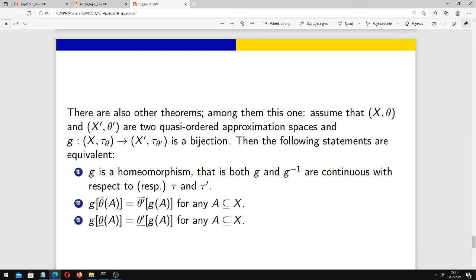For example, in this case, it means that the image of the upper approximation of A by function g is equal to the upper approximation of g of A with respect to tau prime here, and that holds for any A contained in X. And here we have an analogous statement for lower approximation.